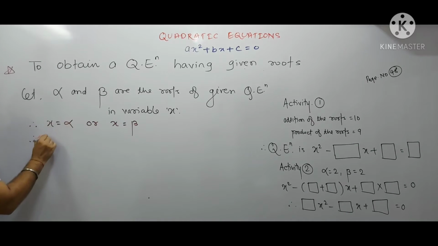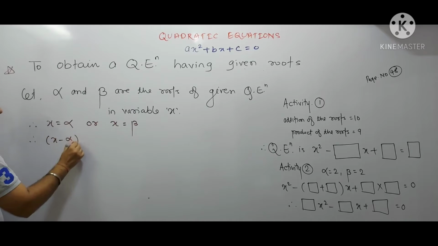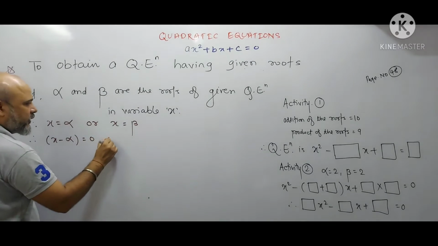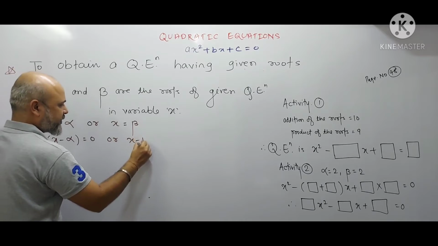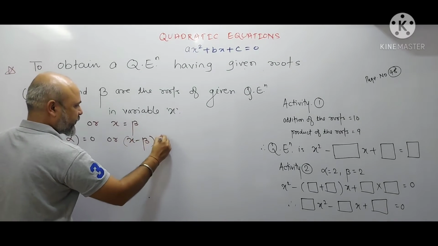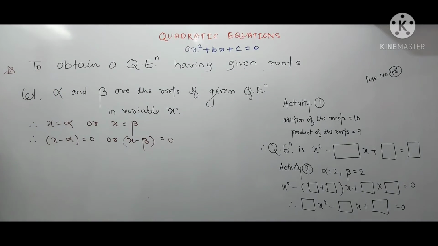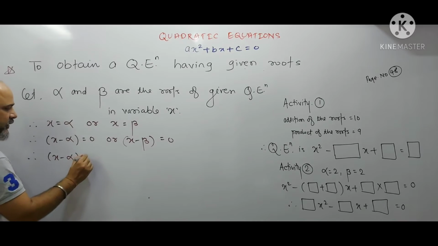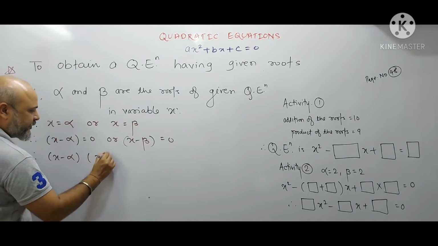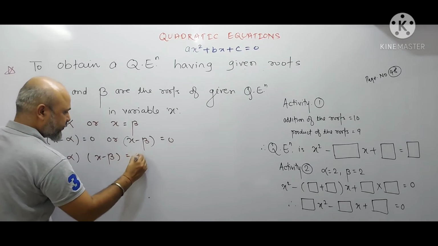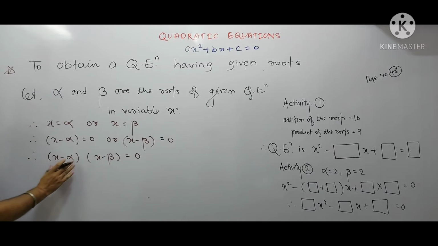Therefore, transfer this: x minus alpha is equal to 0 or x minus beta is equal to 0. Therefore, you will write product of these two is equal to 0. X minus alpha into x minus beta is equal to 0. Okay, now we will multiply this.